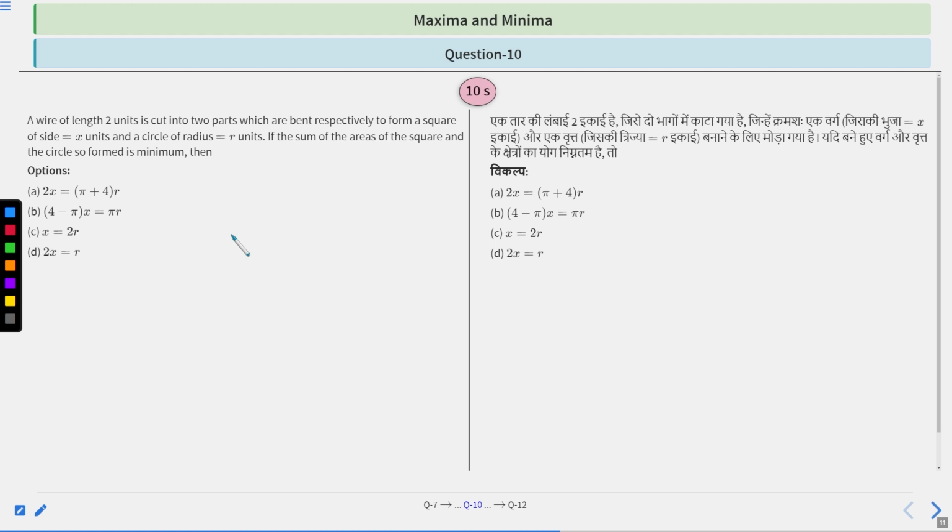Then we will take dA by dx or dA by dr, clear? To get a critical point, and after that we find the double derivative to check whether it is minimum or not, right? In terms of either x or r. So in this way you can approach this question. You have 10 seconds to solve this question. After 10 seconds we will discuss the solution.